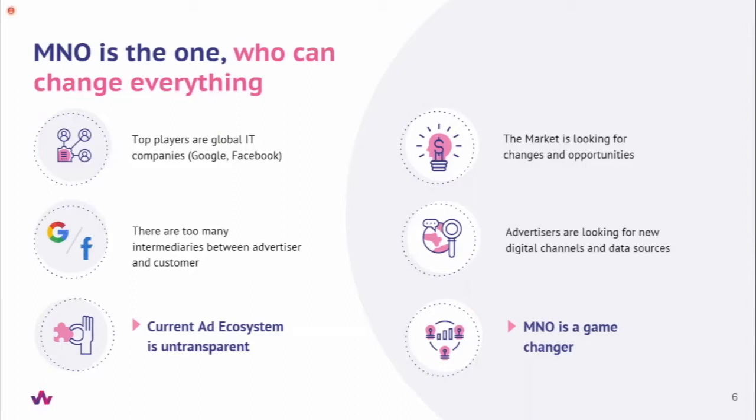And if we're talking about local players on local markets, there are a lot of players who collect first-party data and have a lot of knowledge about their customer database. First of all, I'm talking about mobile network operators. They collect a lot of first-party data, and they can change this situation. They can offer the market a new solution, a new product, which allows running and managing advertising campaigns based on mobile network operators' data.